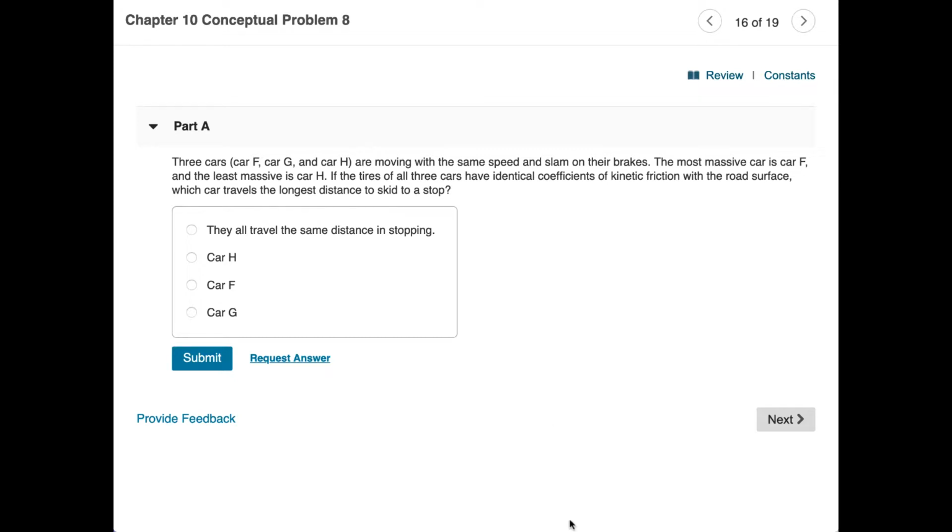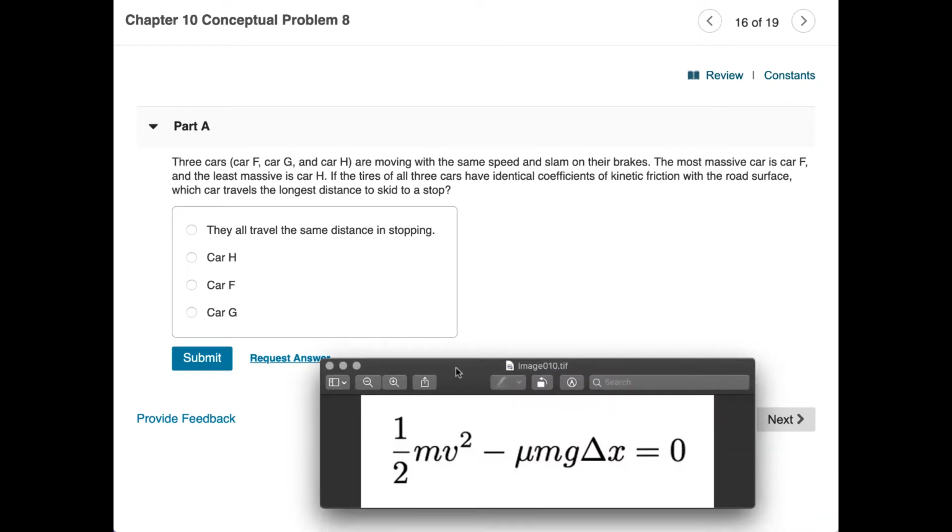I'm going to look at this again in the context of conservation of energy, because I have these 3 cars and they all have different masses. F is the most massive and H is the least massive, but they're moving with the same speed. They slam on the brakes. They have the same coefficients of friction. And how far are they going to skid to stop? The answer becomes obvious when I write the law of conservation of energy. They start with kinetic energy. Negative work is done by friction.